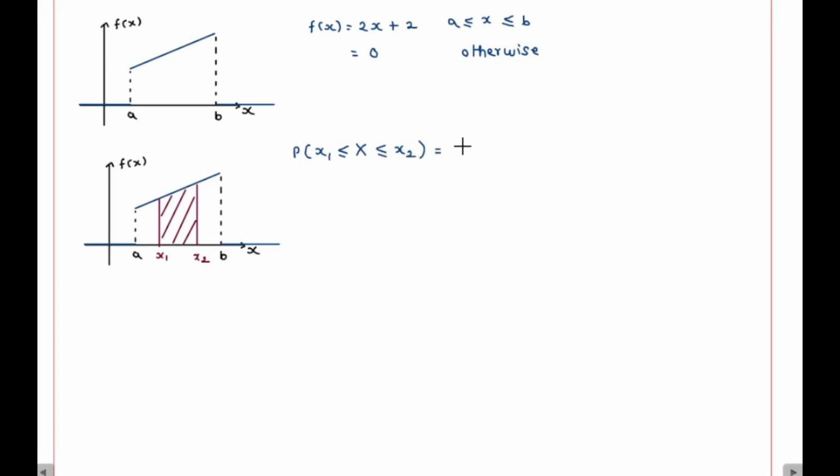So I can write this as the area under the graph of f of x between x1 and x2.